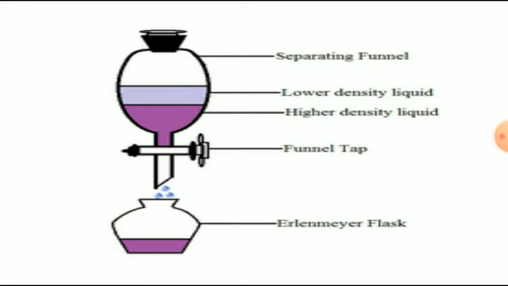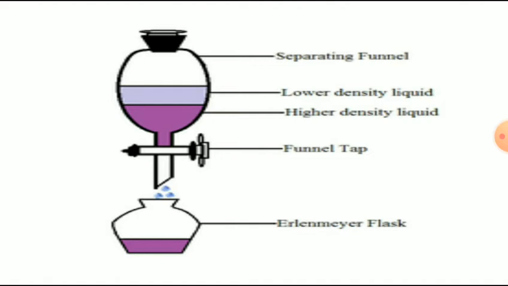Again, I repeat, into a separatory funnel we are taking two immiscible systems, or two immiscible liquids. One will usually be aqueous, that is water, and the other will be the organic solvent. When we add a mixture of the sample component to these two liquids, that sample component will get solubilized, or distribute itself, in a definite ratio.